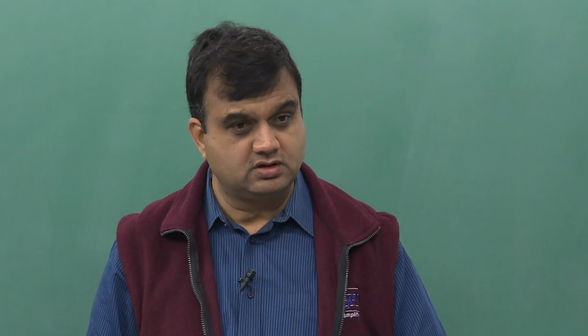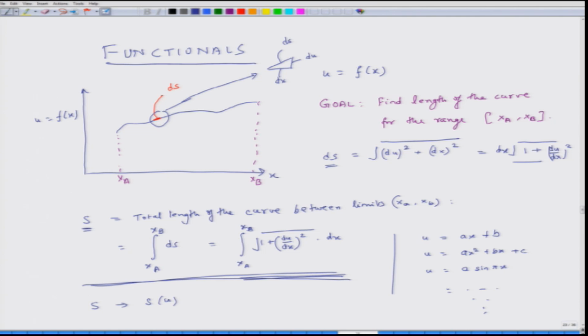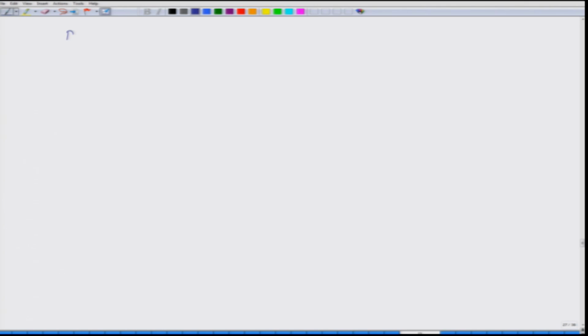So this is a different type of functional, but it is definitely not linear. Now we have discussed what a linear functional is, and next we will talk about a functional which is called bilinear. Bilinear functional.